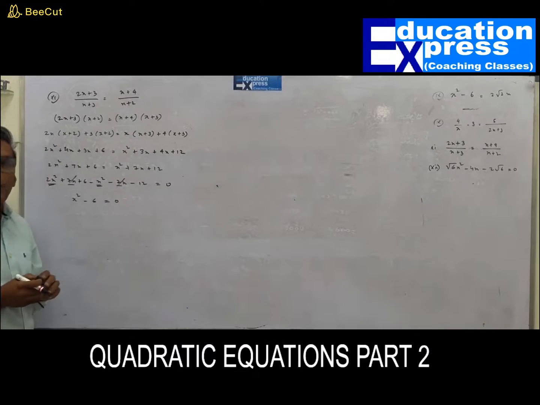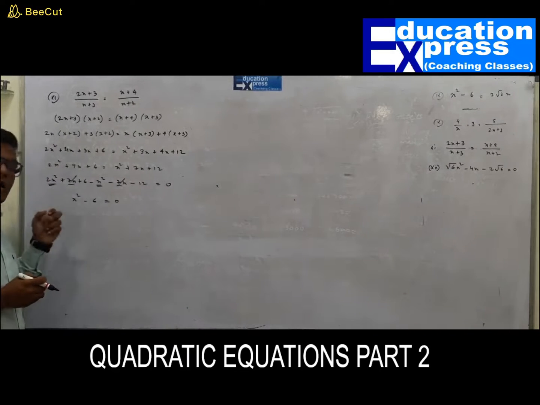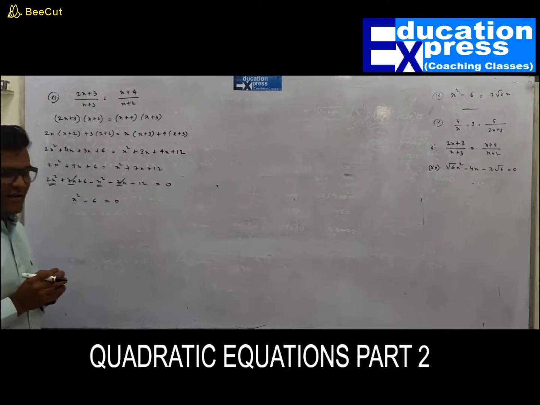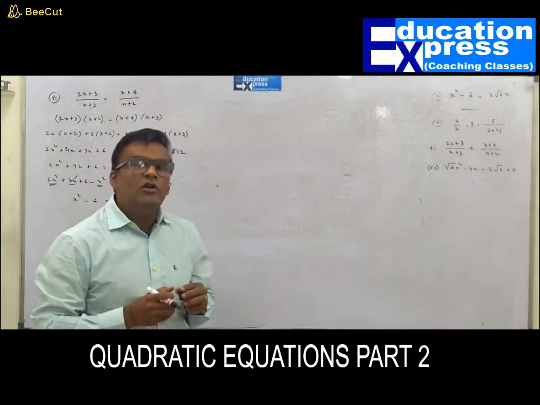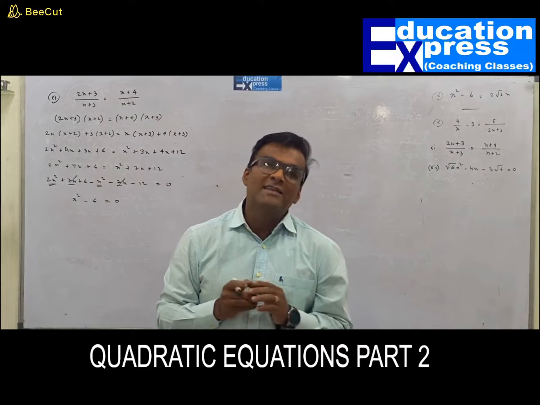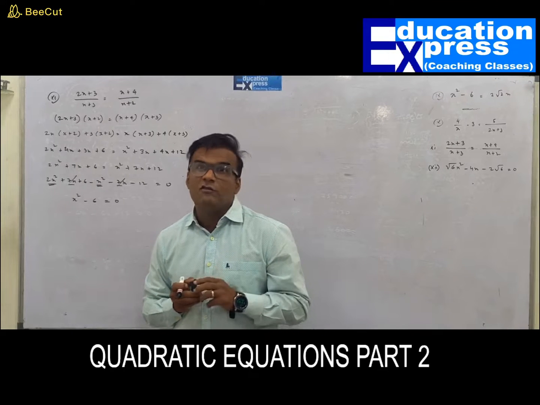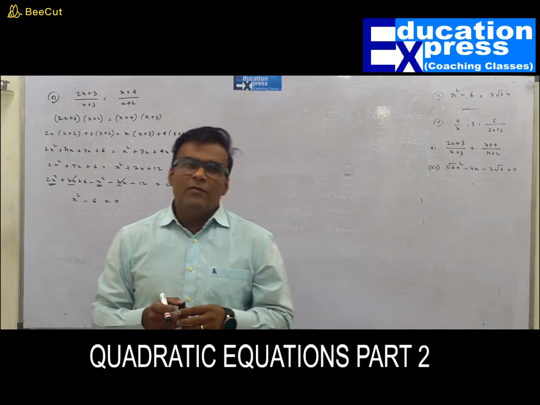For the first time we got a quadratic equation which does not have a coefficient of x. In other words, the coefficient of x is 0. Forget it, that is not important.